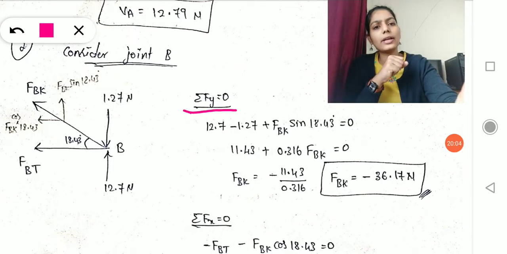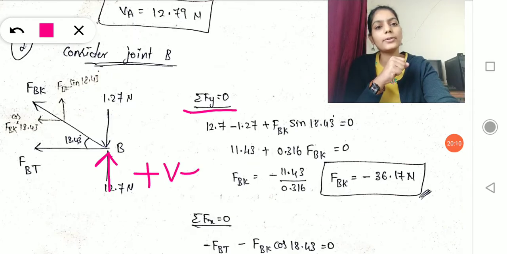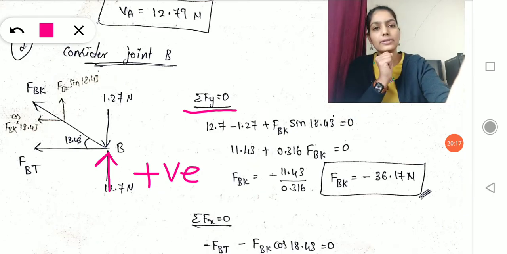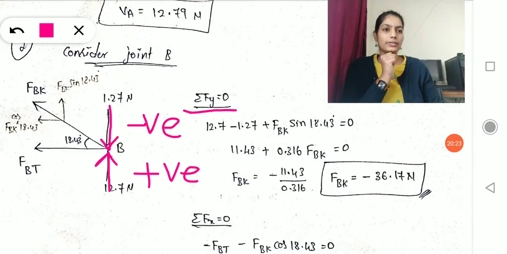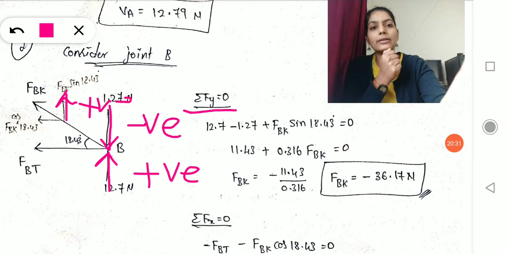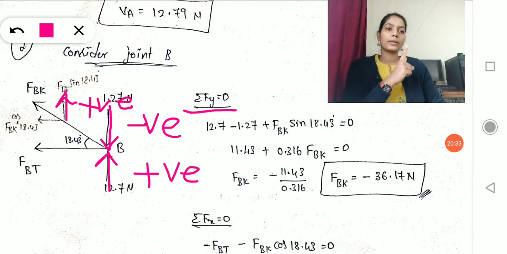So at this joint, what are the vertical forces? This is the vertically upward force, and I am taking vertically upward force as positive. Then vertically downward force I will take as negative. Now one more force I have, which is upward in direction, and its value will be positive.